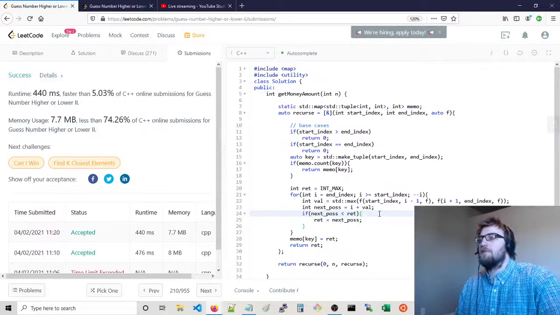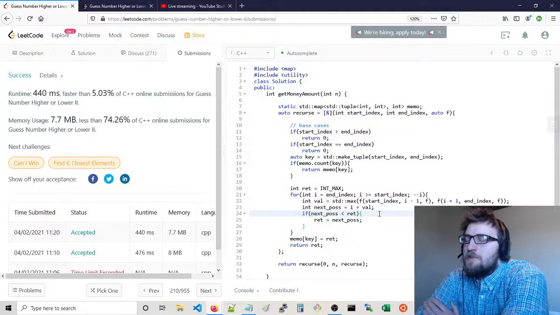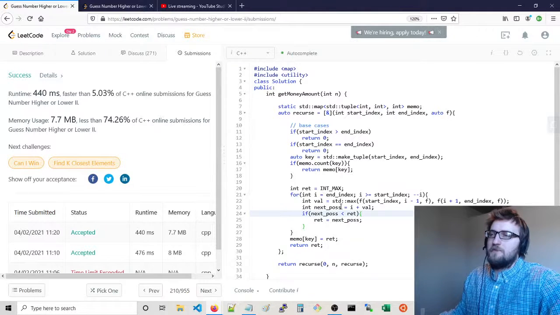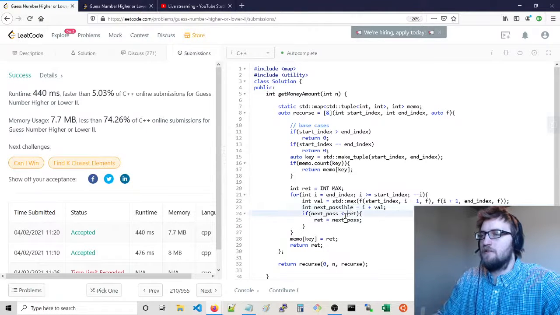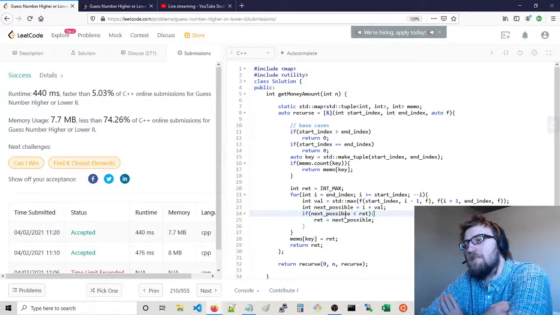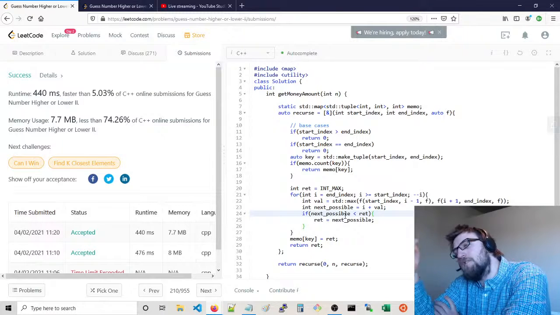My idea before, I think, was not really totally correct. So this probably we could finish the word here. Pos is kind of a weird word, right? Next pos. I don't know if that's a particularly good variable name. I guess I'm wrong about this.